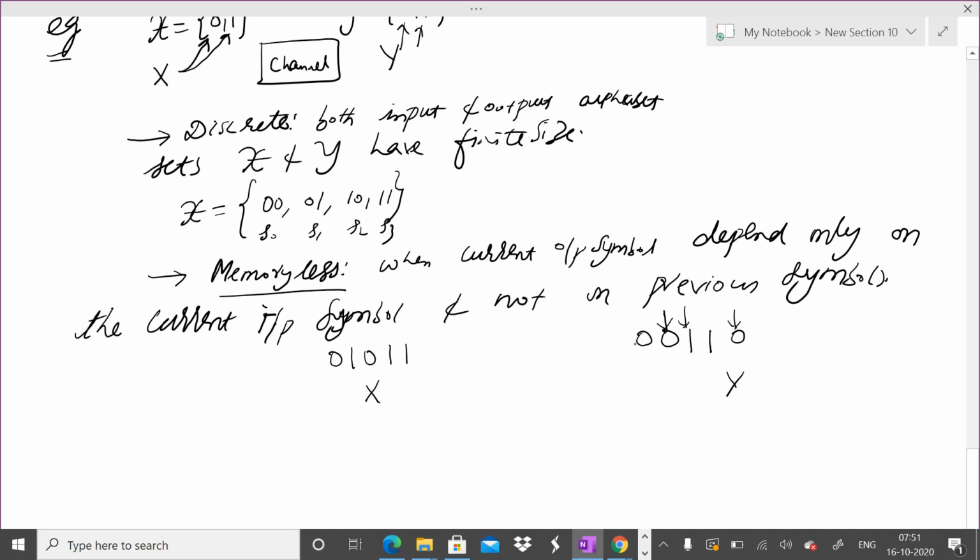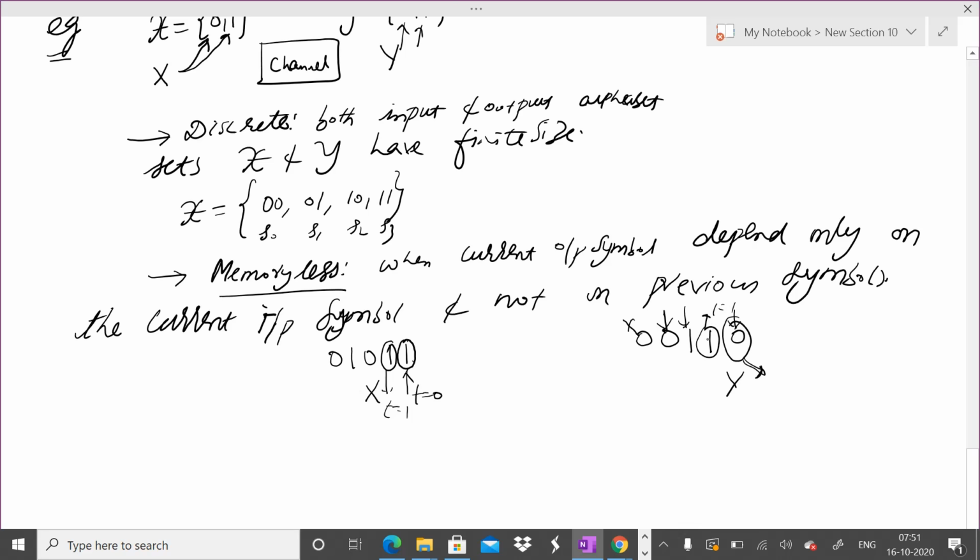Suppose you transmit this bit at time t equal to 0, and correspondingly you receive this bit. Then at t equal to 1 you transmit this bit, and at t equal to 1 you receive this bit.